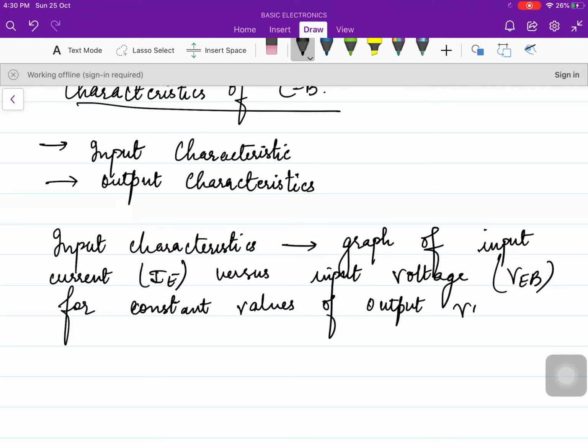And what is the output voltage? Again, go back to the diagram and you will find output voltage to be VCB. So this is the input characteristics, that is the graph of input current versus input voltage for constant values of output voltage. So let us draw the input characteristic. First of all, we will prepare the axis.